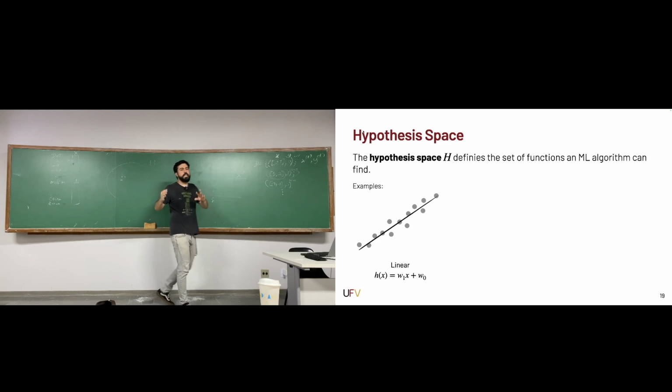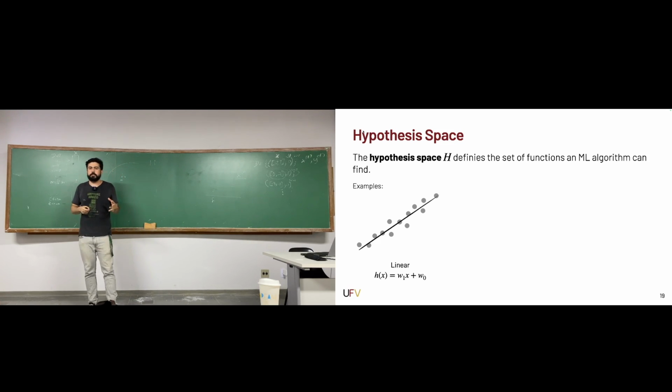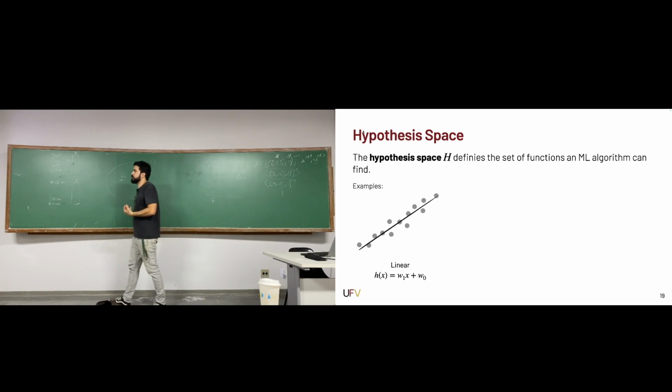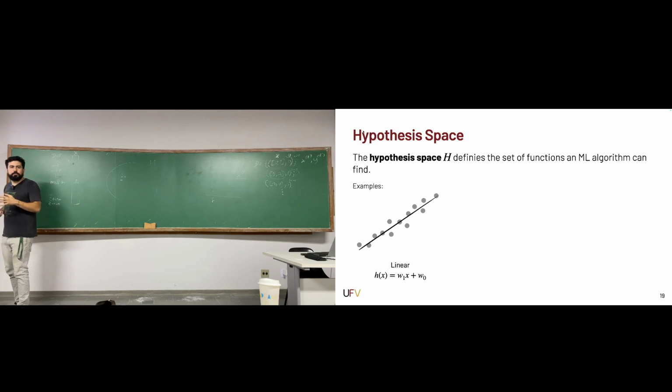I'm throwing away any other polynomials. I'm throwing away sine functions. I'm throwing away any other function that is not a linear function. But when I define this, now I can search, because I have two specific parameters here, W1 and W0, that I can tune to minimize error. Now I have a formal representation. So this is mandatory.